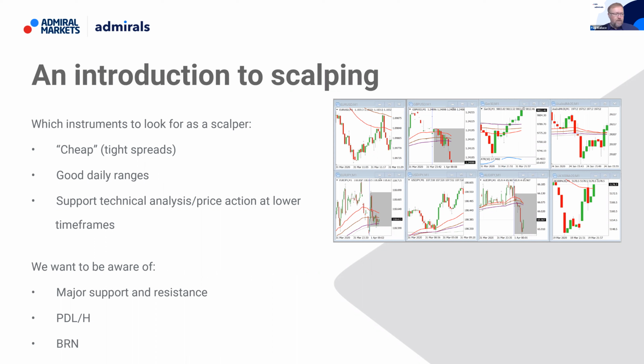Remember what I was saying about volatility and liquidity. You need to have some movement to be able to get your trade on. Also, you need something that supports technical analysis or price action at lower time frames. You find that indices like the DAX in the European session do very well, in terms of both price action you can trust and technical analysis that works very well.